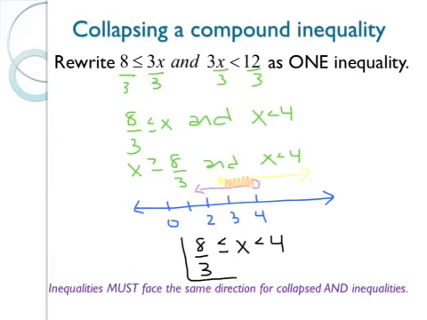So I can rewrite it with one inequality and be between those two values. Notice how the inequalities are facing the same direction. They must always face the same direction whenever you are writing an and compound inequality into one inequality. You cannot do this, however, with or compound inequalities.